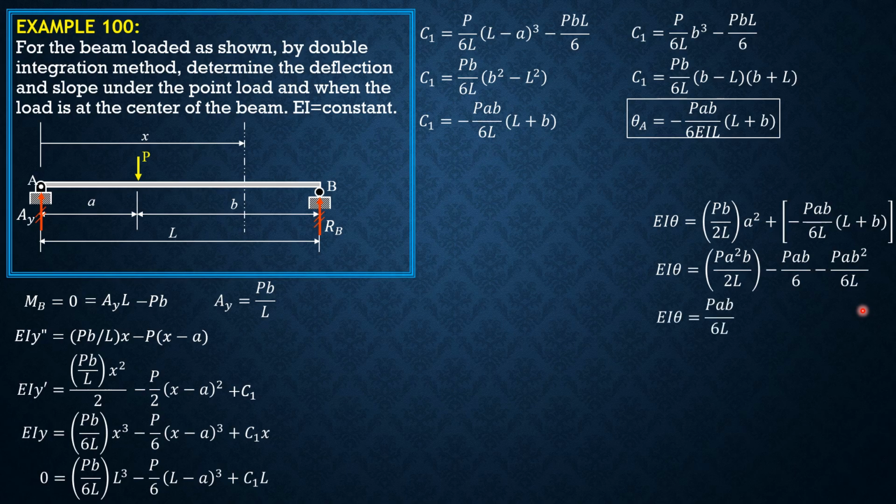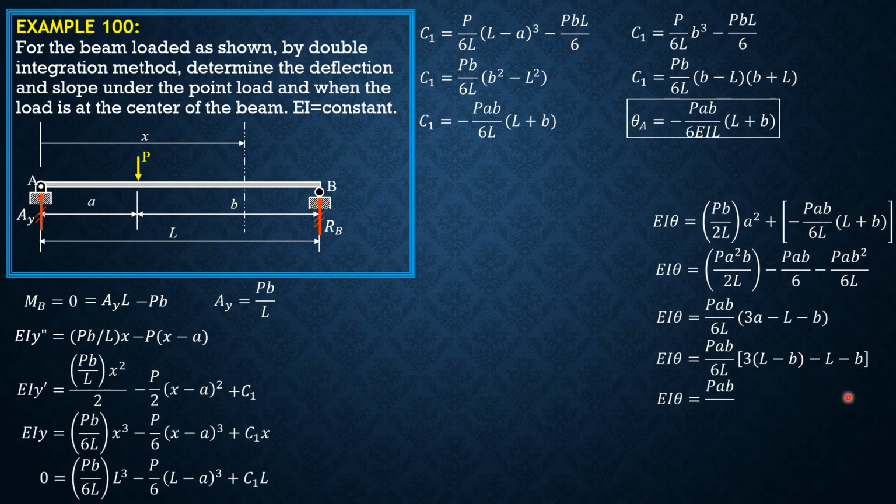Factoring out PAB over 6L, then we'll have 3A minus L minus B. Replacing A by L minus B, EI theta equals PAB over 6L, quantity 3 times L minus B, minus L minus B. So 3L minus L is 2L in these brackets, and negative 3B minus B is negative 4B.